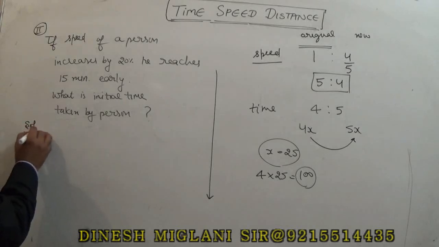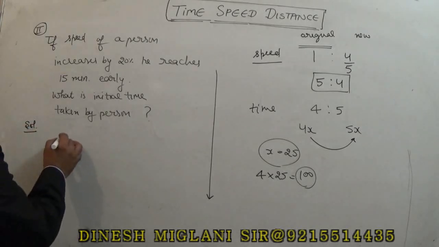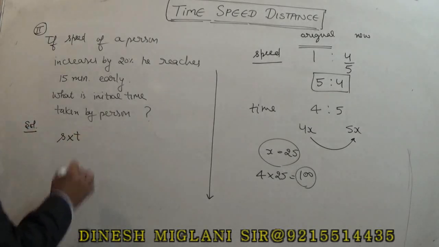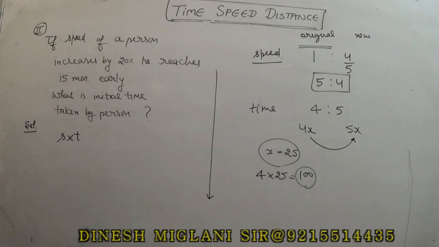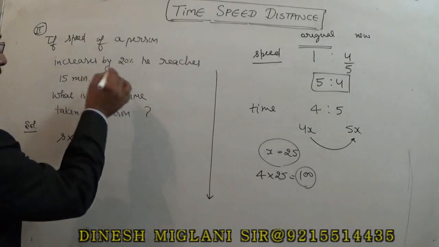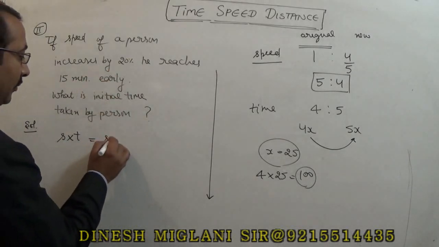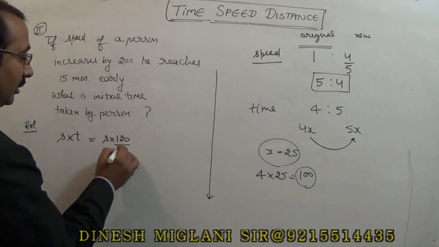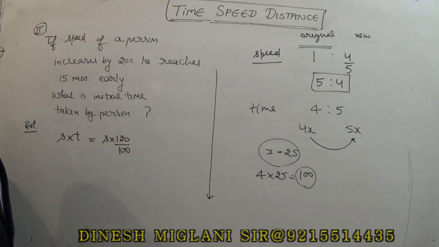If I go with the equation method, what I will do? Let us assume speed s and time is equal to t. S into t is the distance. He increases his speed by 20%. It means his speed would be s into 120 by 100. When you increase your speed by 20%, the new speed will be s into 120 upon 100. And he reaches 15 minutes early.